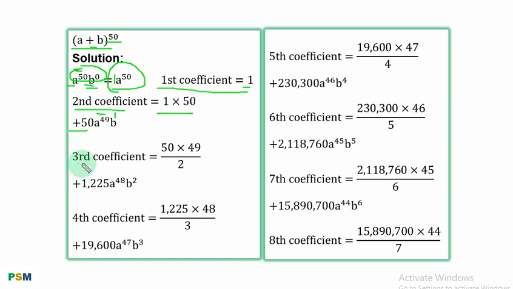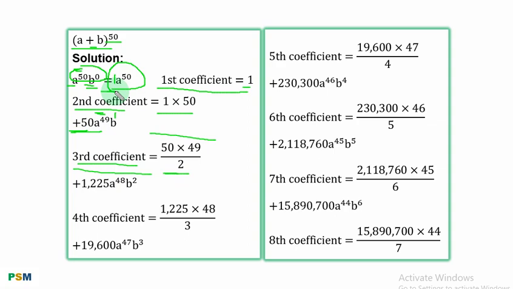The third coefficient is the previous coefficient, 50, times the power of the first term, that is 49, divided by 2. Divide by 2 because before here the first term has occurred 2 times, that is 1, 2.